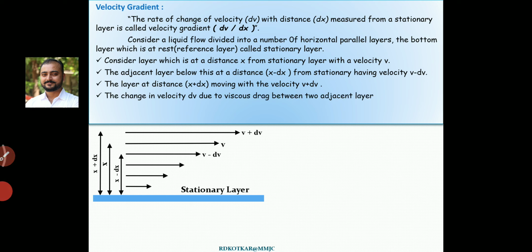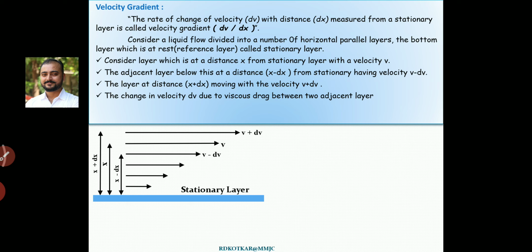The change in velocity is dv, due to the viscous drag between the two adjacent layers. What is the viscous drag? In a simple way, it is the viscous force. When two layers are flowing, one layer applies a viscous force on the other, trying to oppose the motion of the adjacent layer. That is viscous drag.